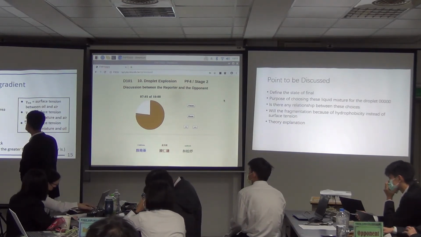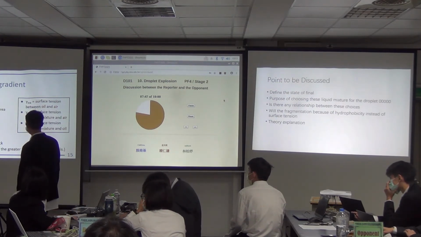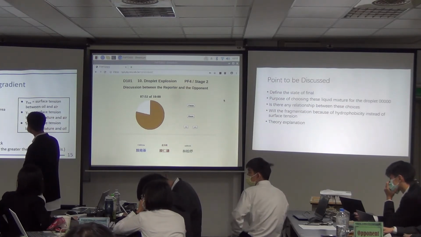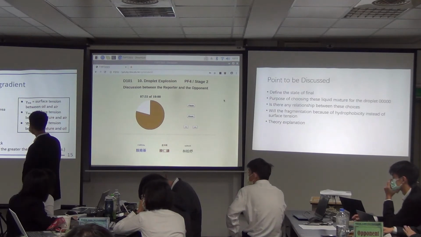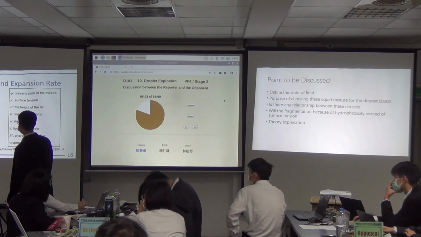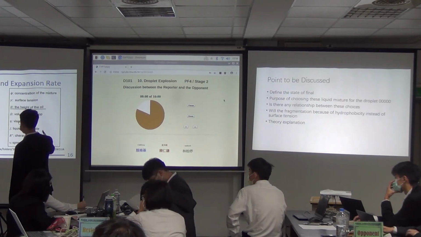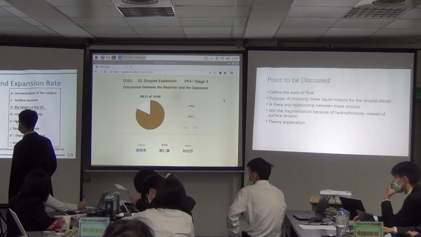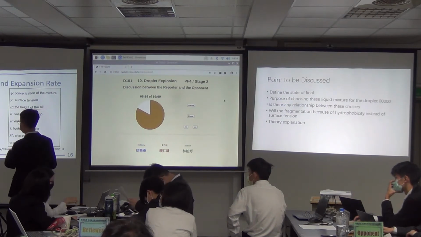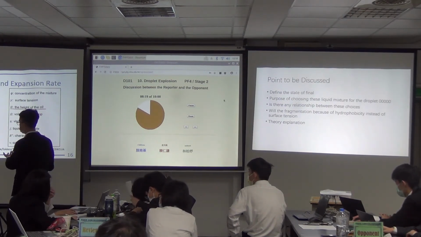So this one shows it because we want to calculate the surface energy. So we use this slide to show you the surface tension. Do you have a procedure for solving this equation? Every step of your solving steps for this equation.